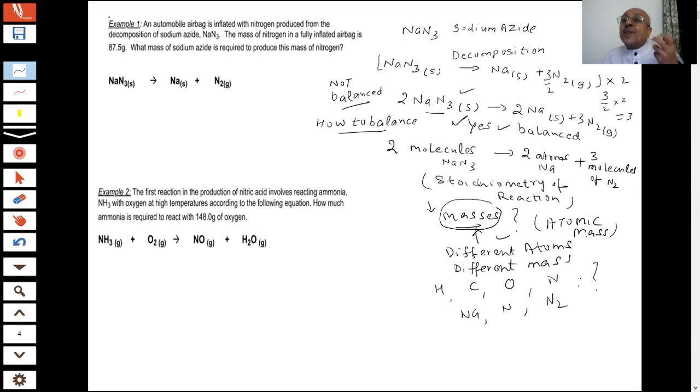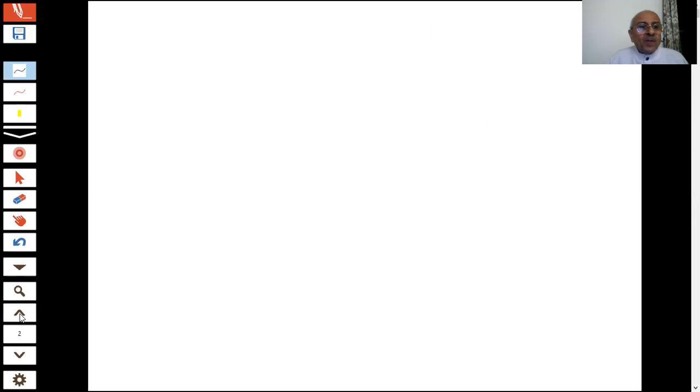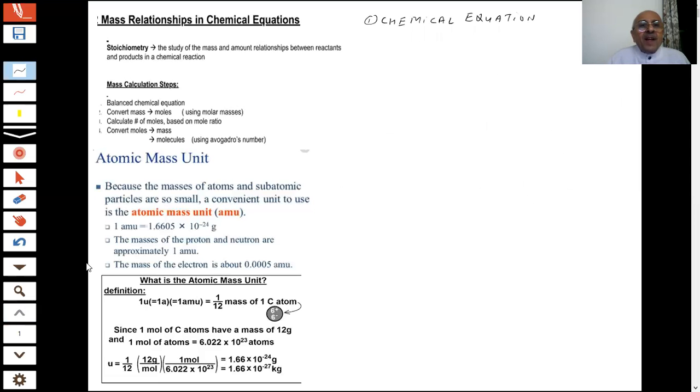That means I must know the atomic masses. Then only I can do any calculation, or stoichiometry calculation. Now I am talking of what is atomic mass.